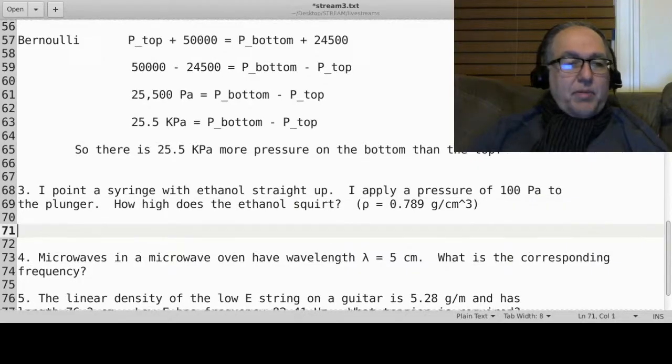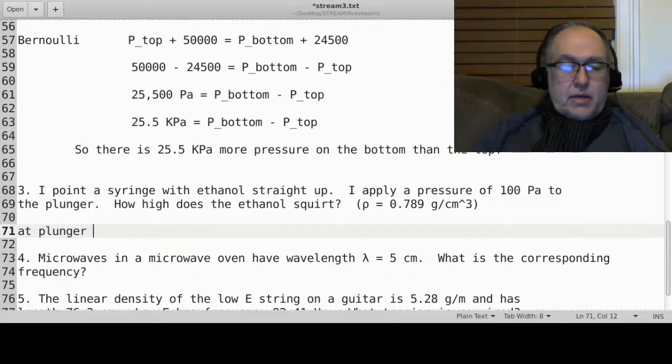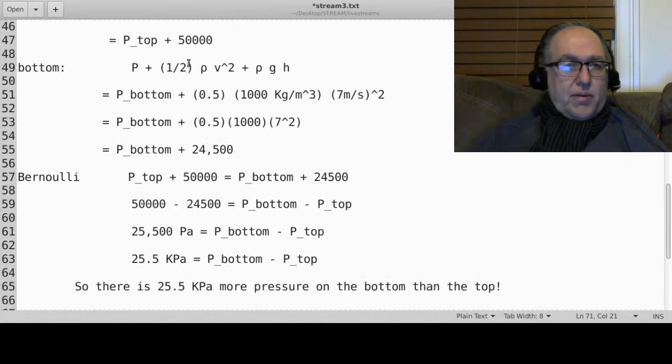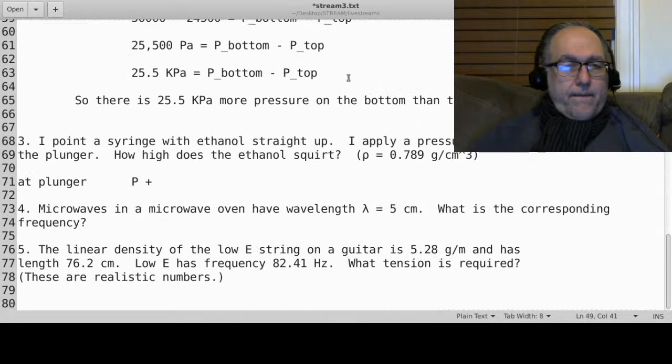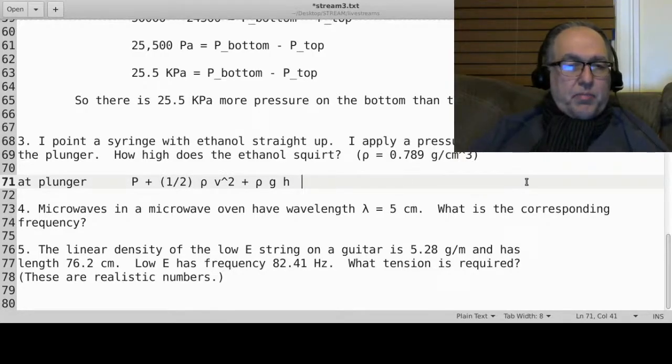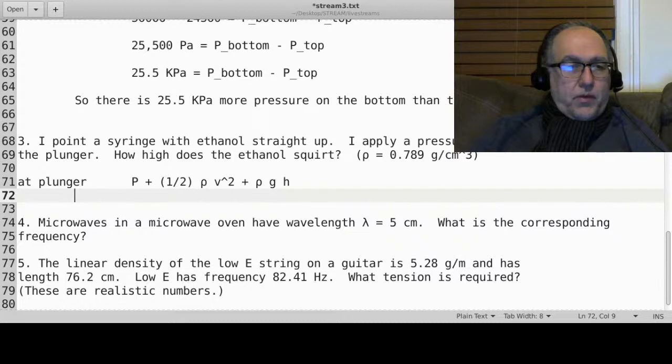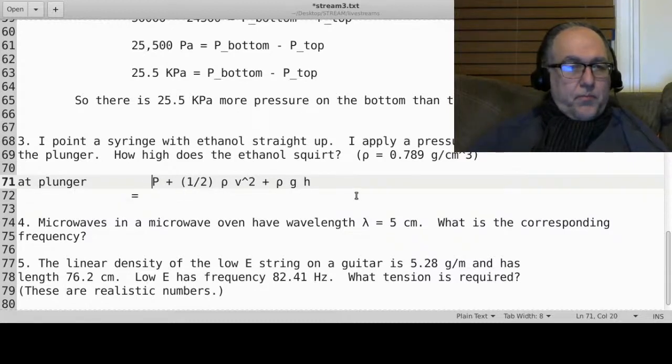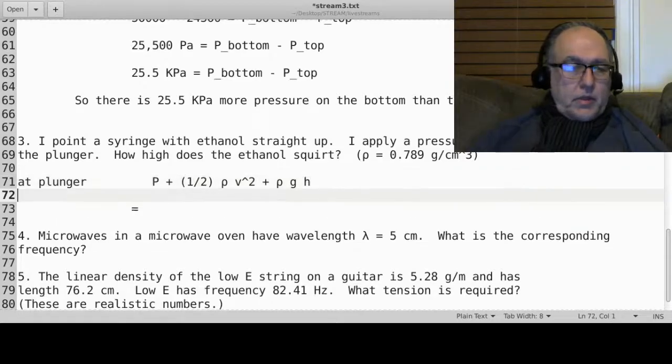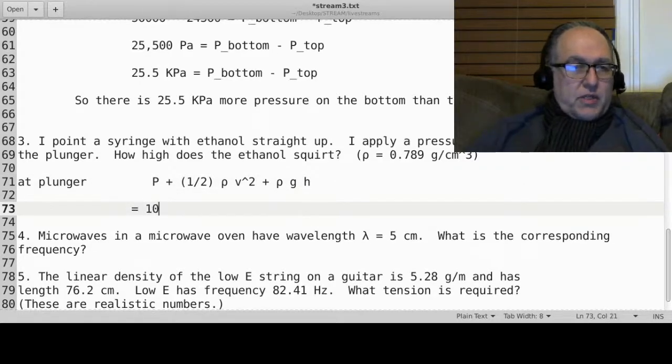So at the plunger, we're going to be calculating P plus, let me just grab the symbols from up here, and the pressure at the plunger, so what's this going to equal? The pressure at the plunger is 100 pascals.